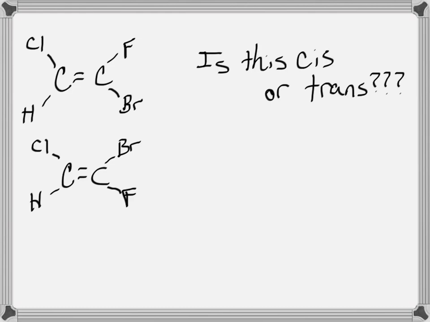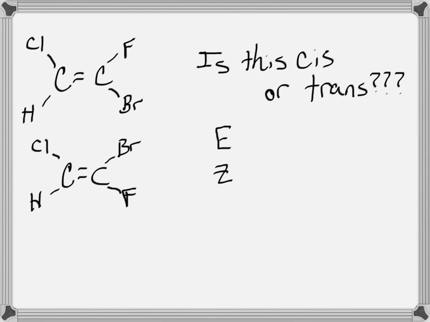And because of this, a new nomenclature was developed to handle this problem. And that new system of nomenclature is the Cahn-Ingold-Prelog system, which uses the E and Z system of nomenclature.